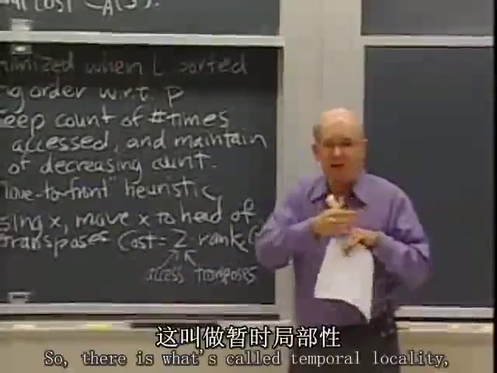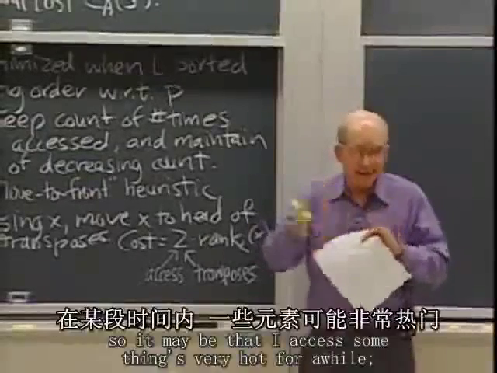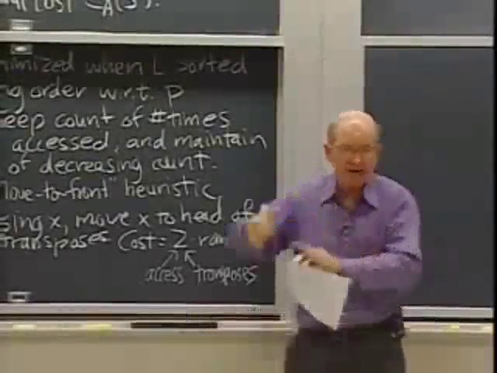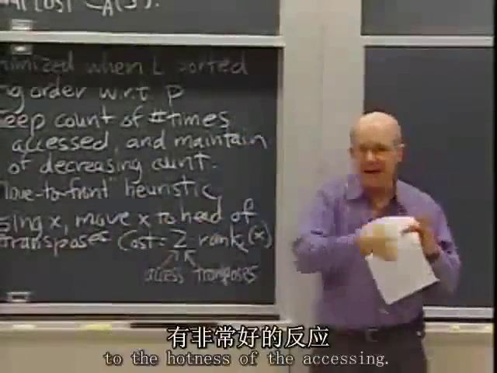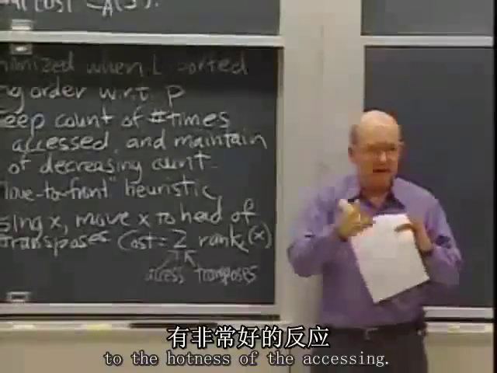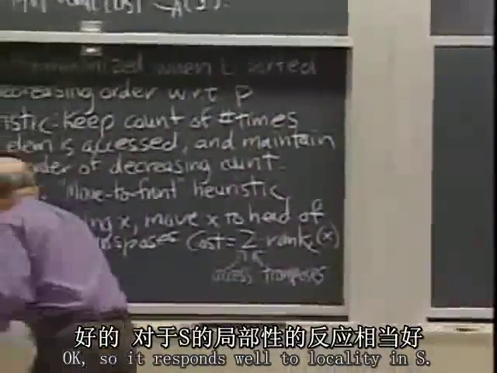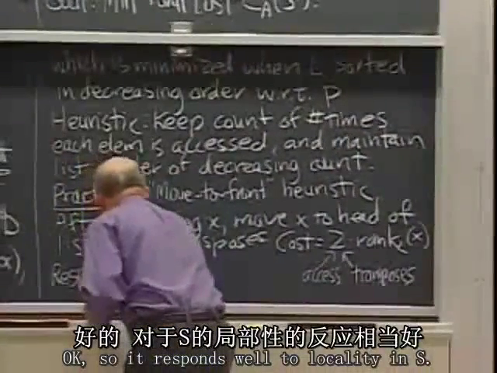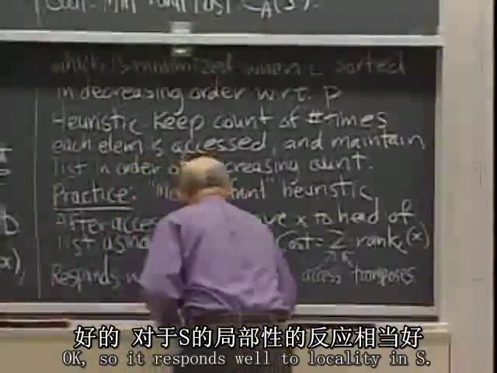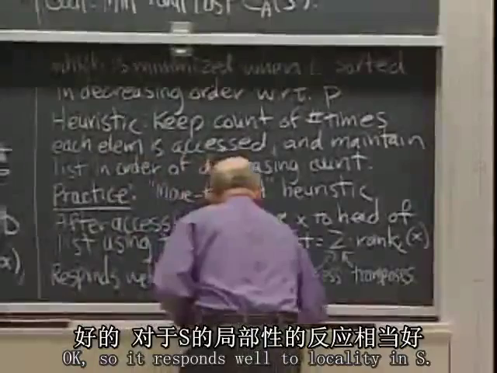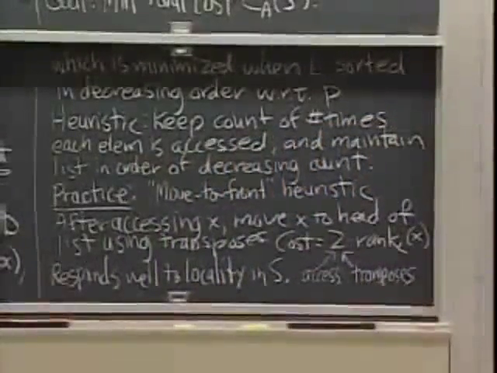So if there's what's called temporal locality, meaning that in time I tend to access things, it may be that I access something that's very hot for a while, then it gets very cold. This type of algorithm responds very well to the hotness of the accessing. Okay? So it responds well to locality.